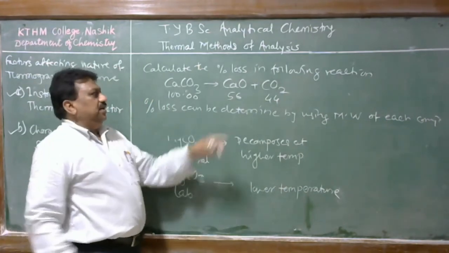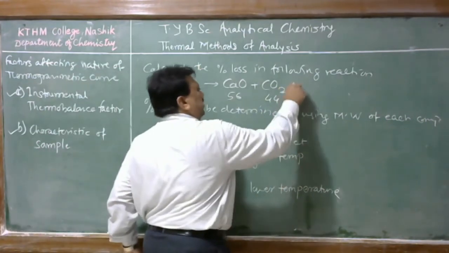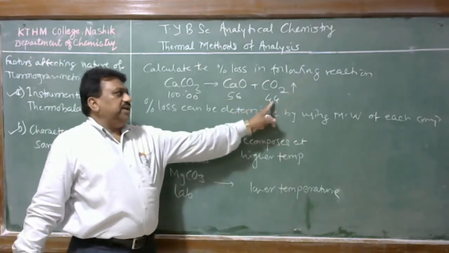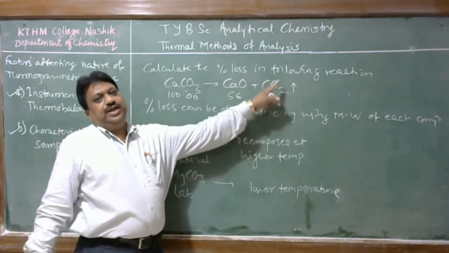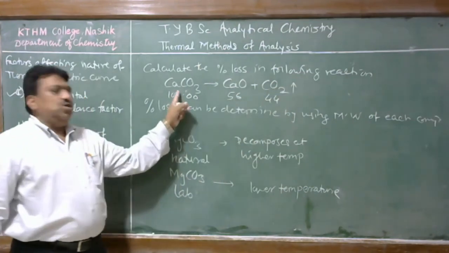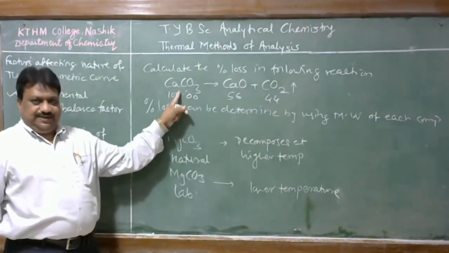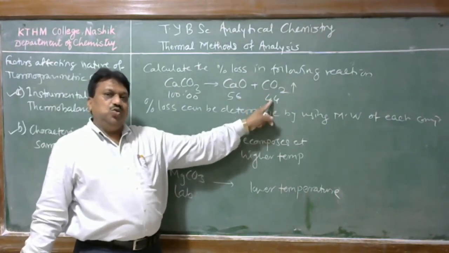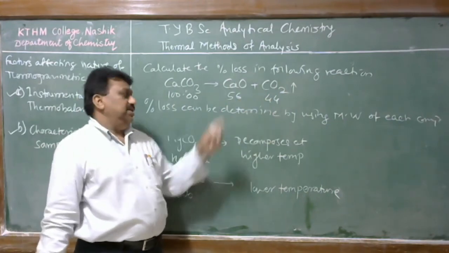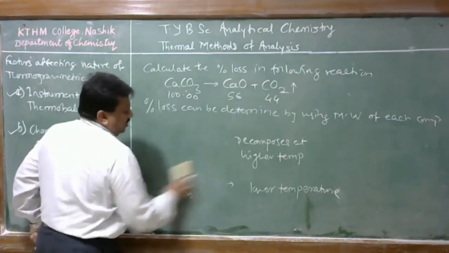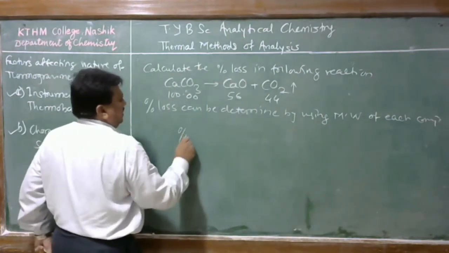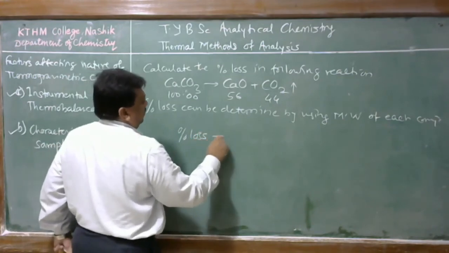The loss is related to the amount of CO2 given off in the reaction. When 44 gram of CO2 is lost, the amount of calcium carbonate is 100. Depending upon the amount of calcium carbonate lost in this reaction, that determines the percent loss.